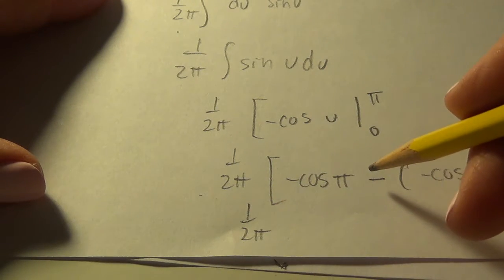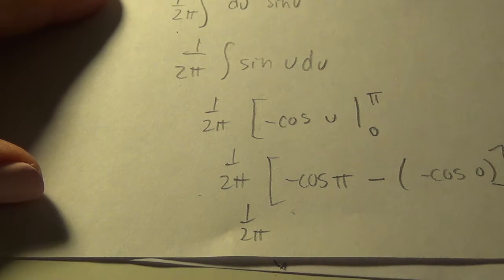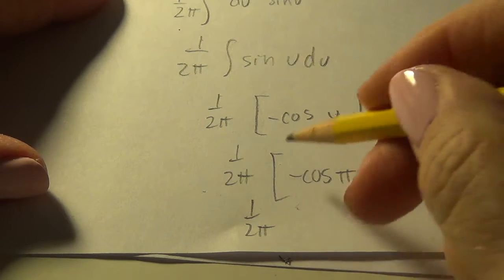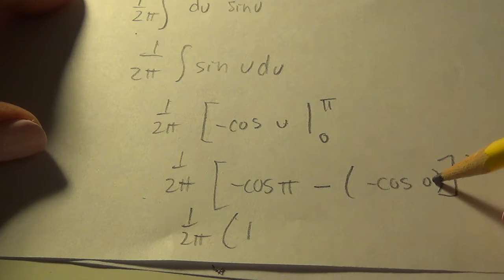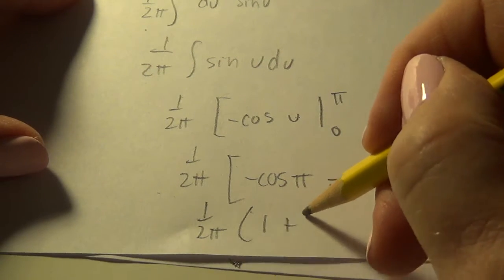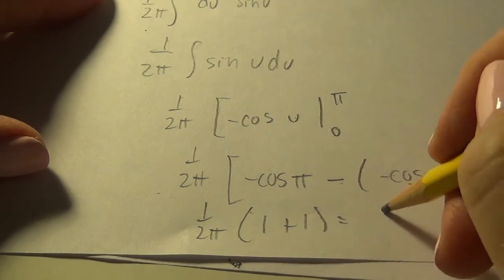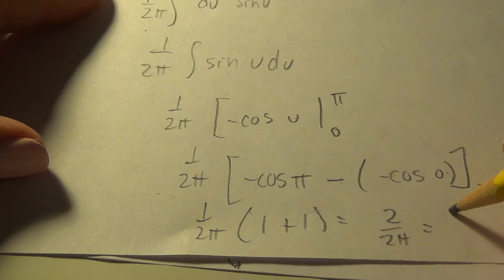Negative cosine of pi is, well, cosine of pi is negative 1, so a negative 1 gives me a 1. Cosine of 0 is 1, minus 1, plus 1 again. So I get 2 over 2 pi equals 1 over pi.